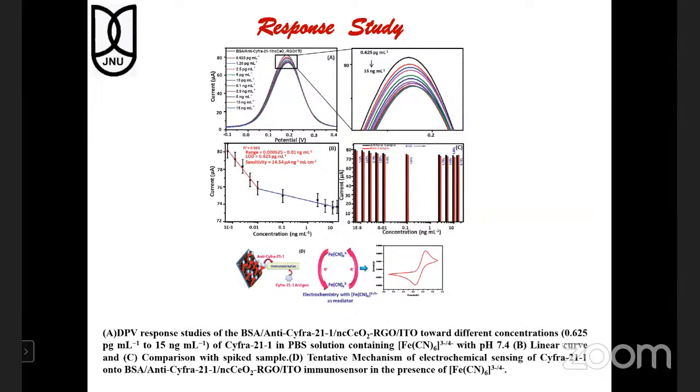We found the linearity in two ways. The linearity we obtained up to 0.01 shows a linear decrease in current, but after that, from this point, it is again decreasing. So we obtained a linear response in two ways, and simultaneously we checked this electrode with a real sample, the saliva.